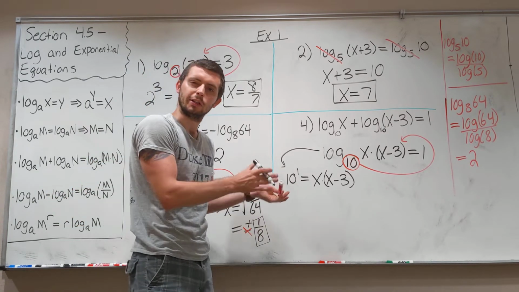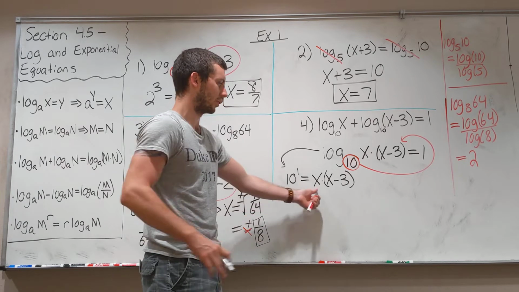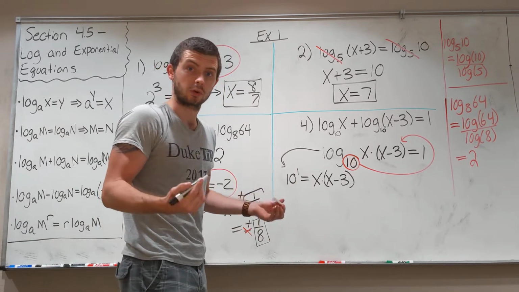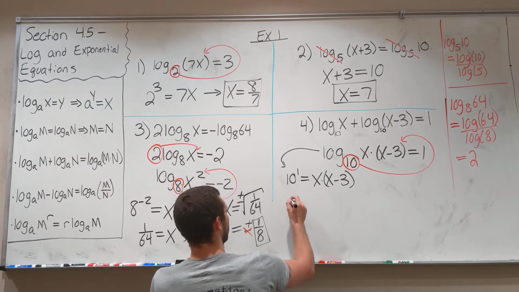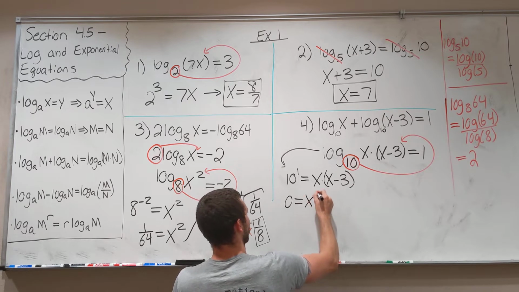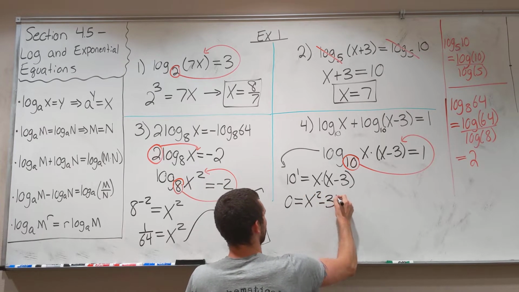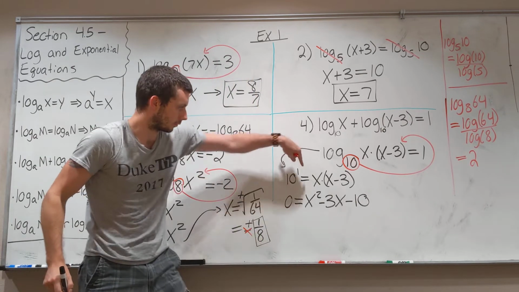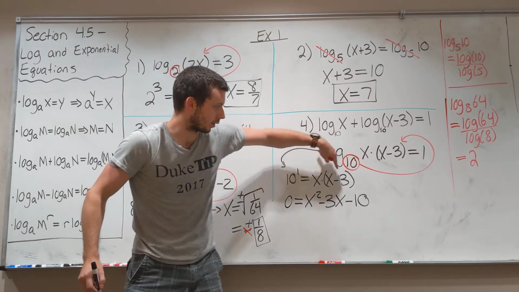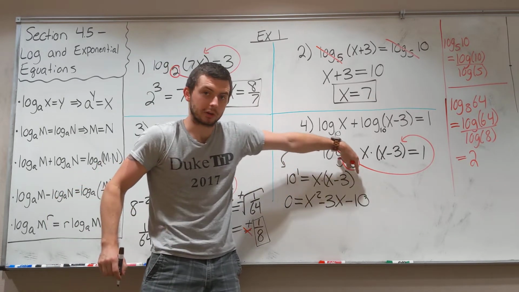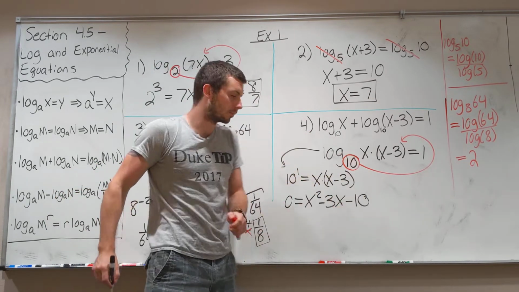So let's go ahead and clean this up a little bit, because here's a distribution, and we're ultimately going to have a quadratic. So when you simplify and reorganize everything, you will get exactly this. X times x is x squared, x times -3 is -3x, and we're bringing the 10 over to become minus 10.